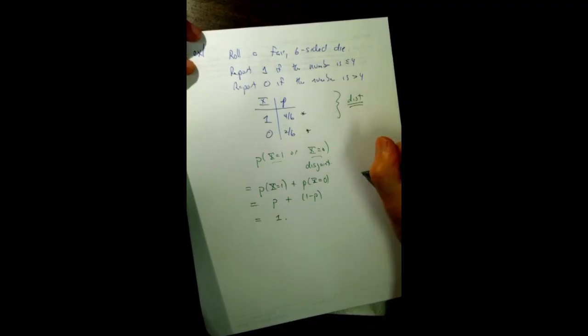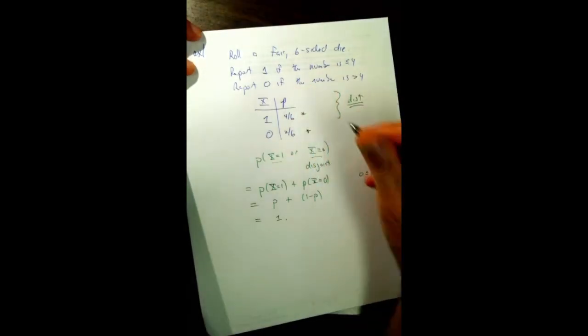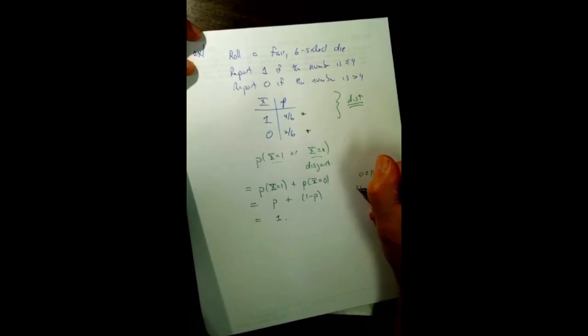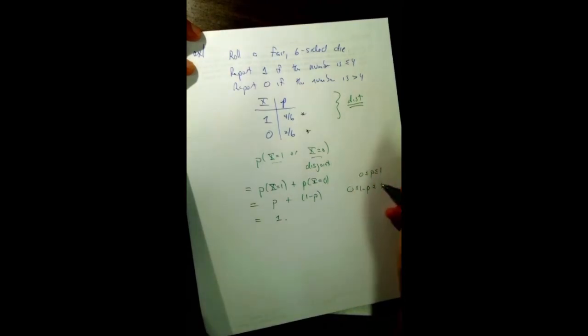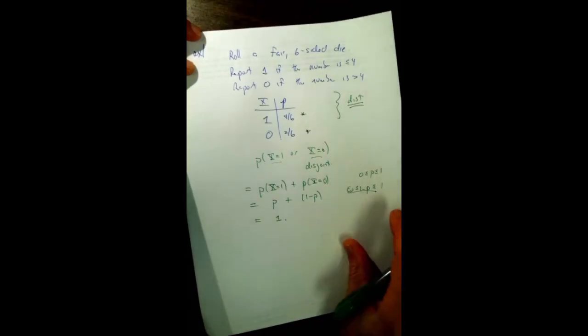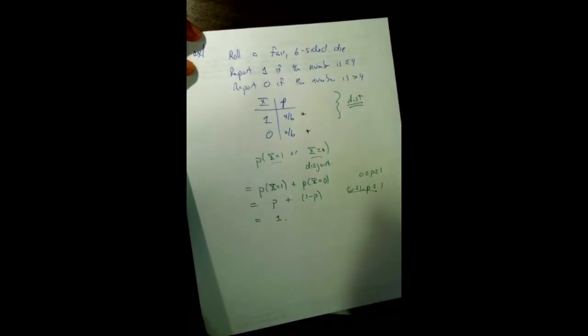And because p is between 0 and 1, that means that 1 minus p is also going to be between 0 and 1. Right? So if I add p to both sides, I'll have p less than or equal to 1 here. And then on the other side, if I subtract the 1 and multiply by minus 1, I'll get p greater than or equal to 0. Okay.